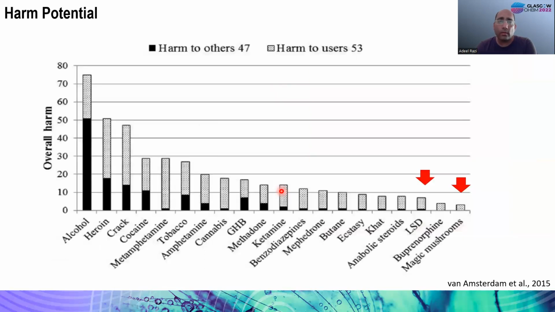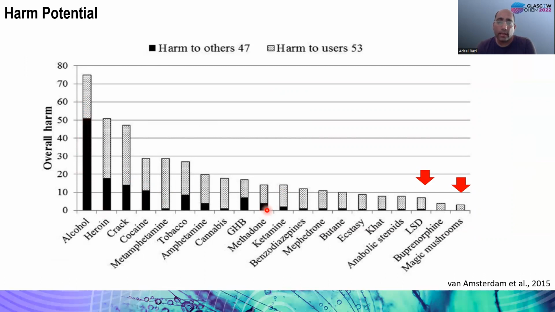Then one thing about the potential harm of these drugs. This is a pretty eye-opening graphic which shows a histogram where every bar is a composite of harms to others and harms to users.